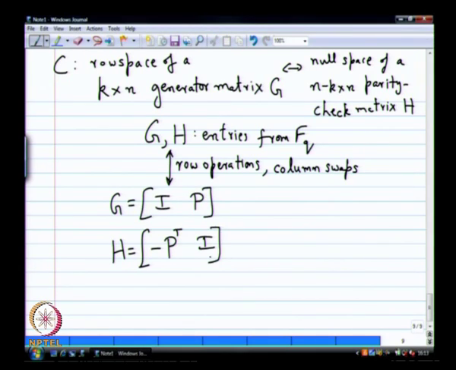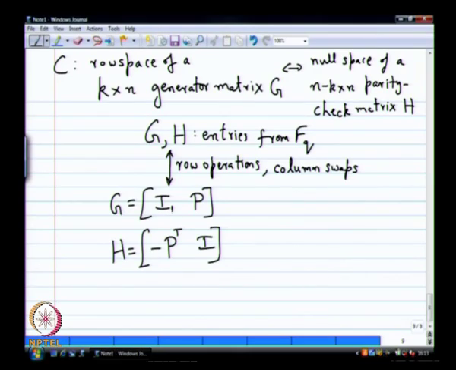In the general case, minus 1 is not plus 1, q could be odd, so it becomes minus P transpose I. You can go back and check the way I derived it: I would have swallowed the minus and said plus because it was binary. If your characteristic is not 2, you have to carry over that minus, you can't kill it. You can check very quickly that G H transpose will be equal to the 0 matrix, k by n minus k.